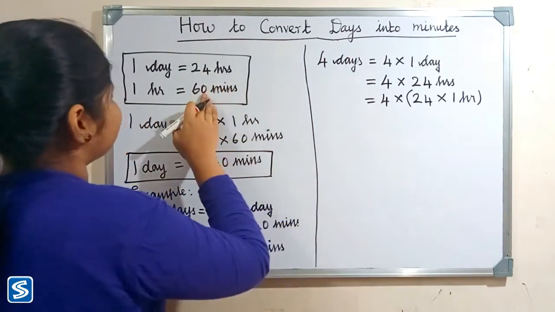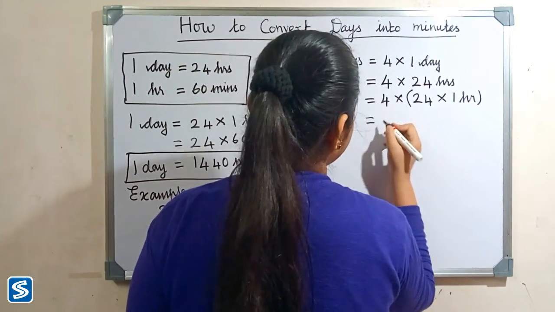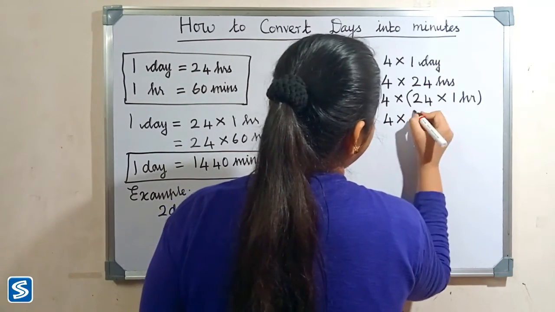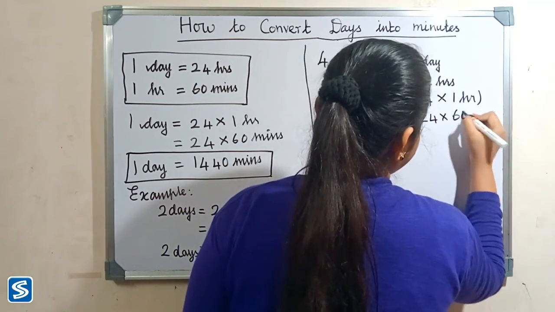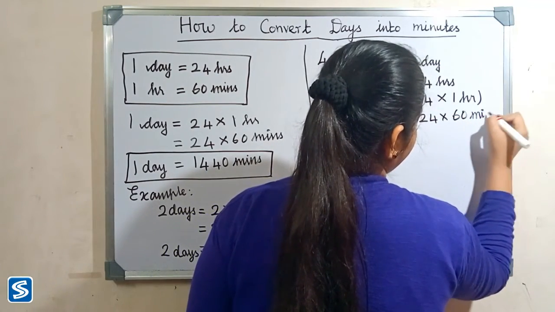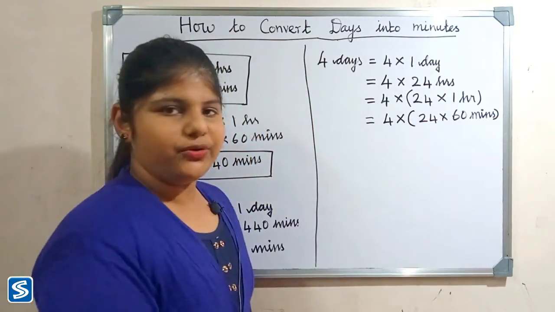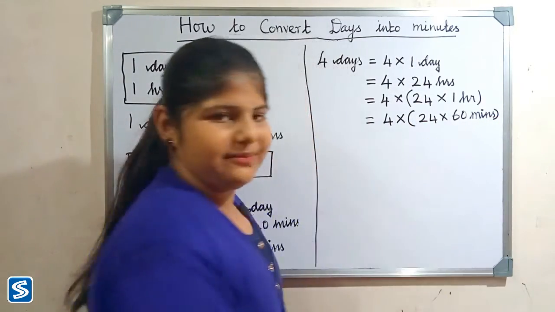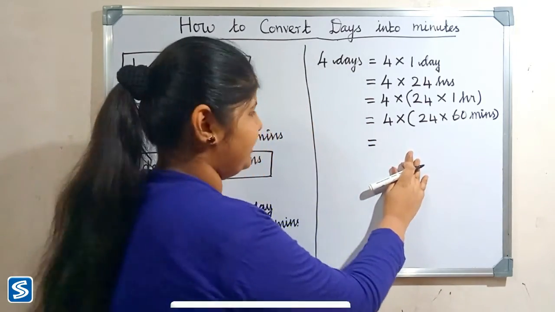So now we have to substitute the 60 minutes in the place of 1 hour. So 4 multiply 24 multiply 60 minutes. So 24 multiply 60 minutes will be 1440 minutes.